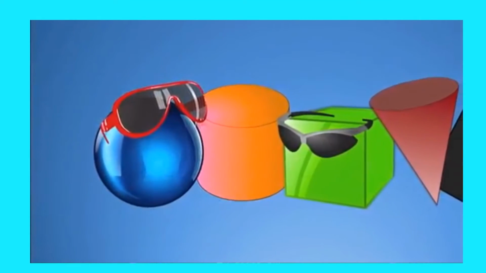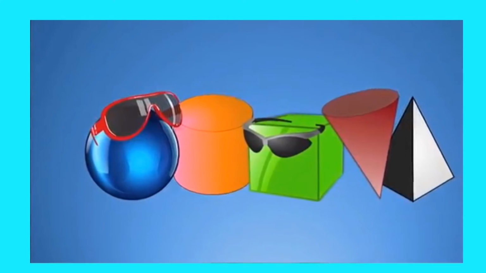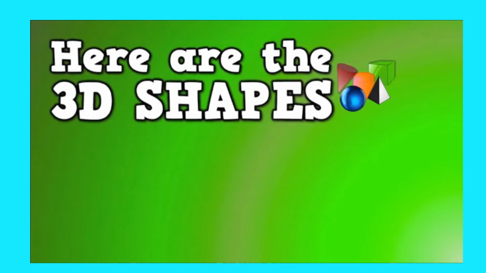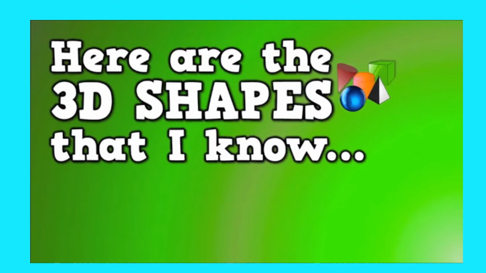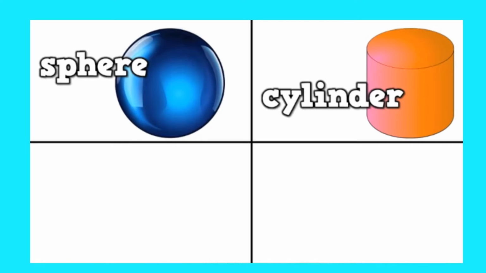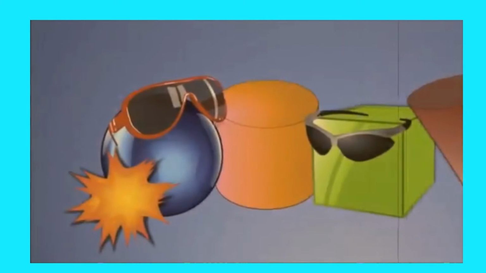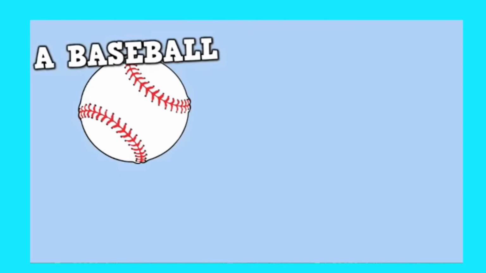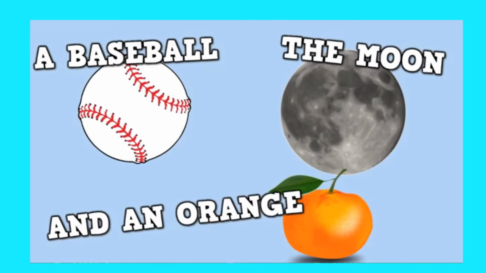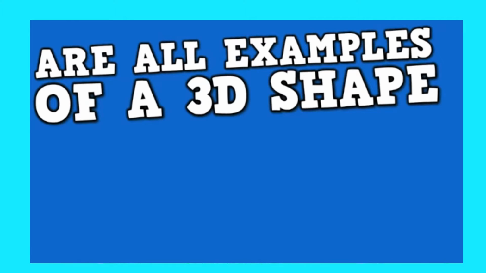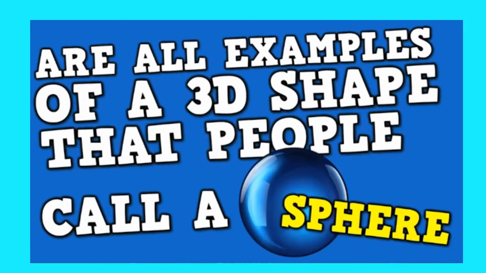I'm a 3D shape expert. Here are the 3D shapes that I know: a sphere, a cylinder, a cube, and a cone. A baseball, the moon, and an orange are all examples of a 3D shape that people call a sphere.